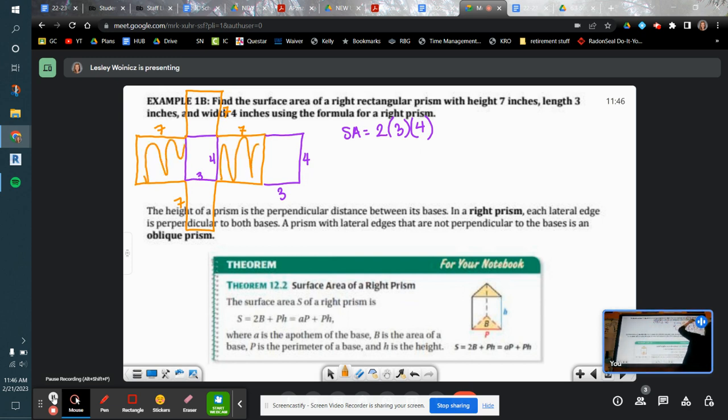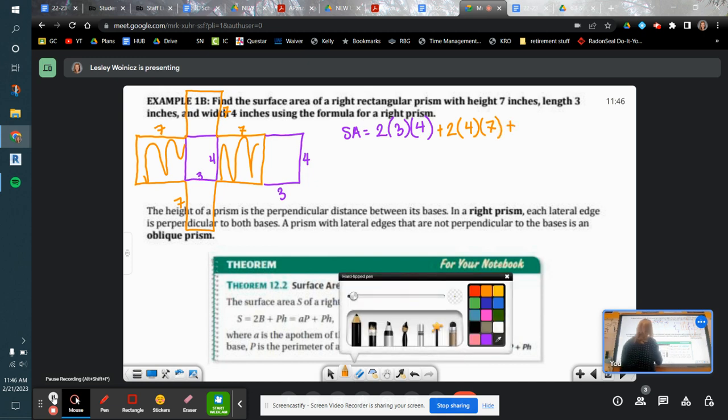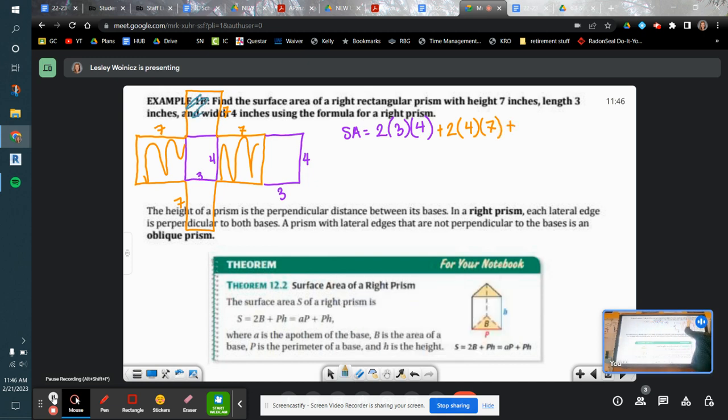That's these. 2 4 by 7 rectangles plus a pair of 3 by 7 rectangles. Put it all in your calculator. What was it? 122, thank you. 122 inches squared.